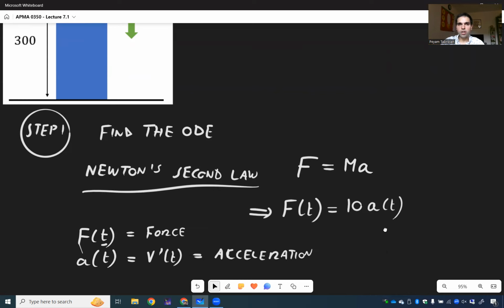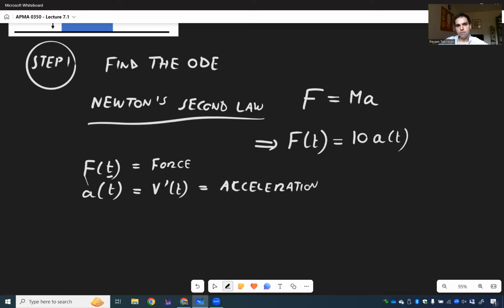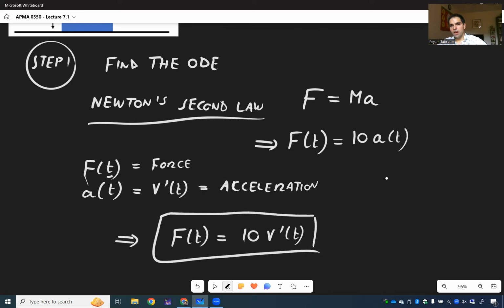And therefore, what we end up getting is just F of t equals 10 v prime of t, where v is velocity.